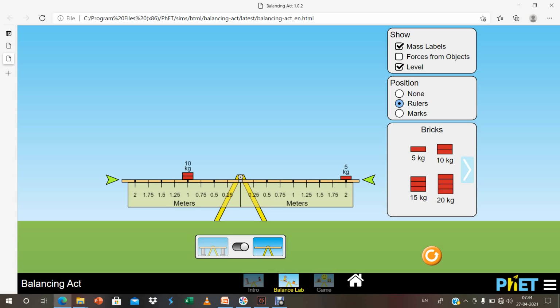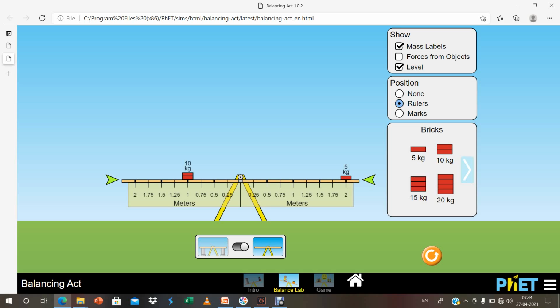Tau is equal to F times D. When you calculate, force 5 times 10 is 50. F is 50, and we have the distance of 2 meter, the distance from the pivot to the mass. So 50 times 2 is 100 Newton meter.